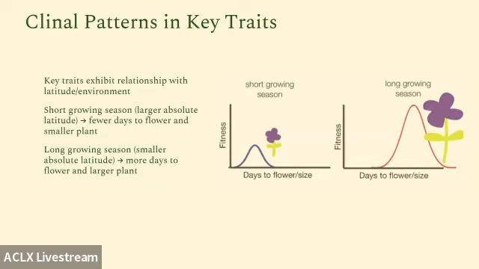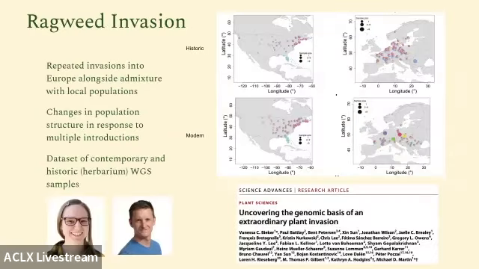So, knowing this, we've seen this in phenotypic and genetic common garden experiments. We collaborated with Mike Martin and Vanessa Beeker here on producing a whole genome sequencing data set of ragweed across both the native range in North America and the invasives in Europe.